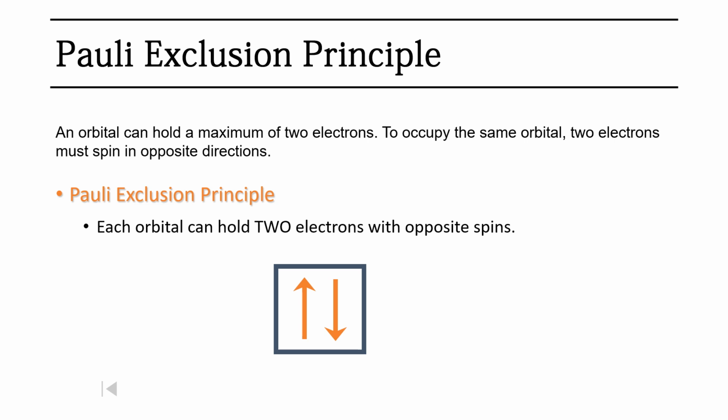This is how it fills according to the spin energy levels we discussed. That means no two electrons exist with the same spin in one magnetic energy level.